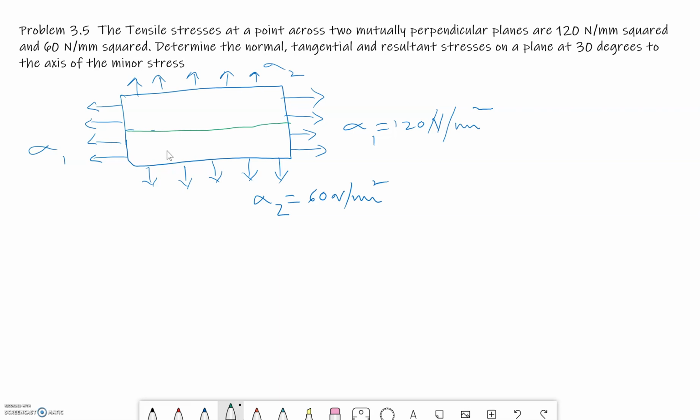So this is your axis of major stress. And then obviously you have got this, which is your axis of minor stress.